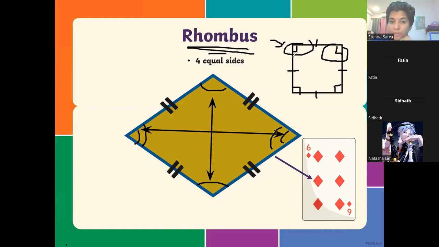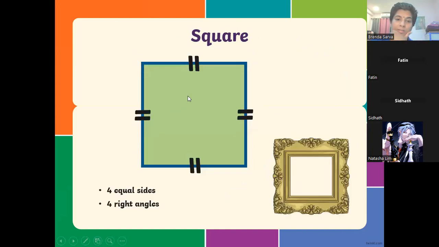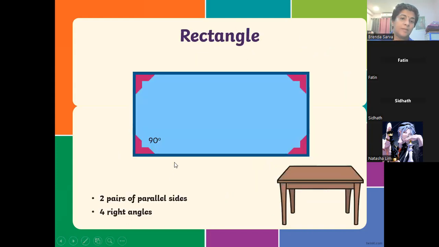Are you understanding? Are you following all these shapes, girls? Okay, so far, Fatin, Natasha, and Siddharth? Okay, basics of your shapes. So all polygons, all right, quadrilaterals, but yeah, they're polygons. They're all equal sides, except for rectangle.